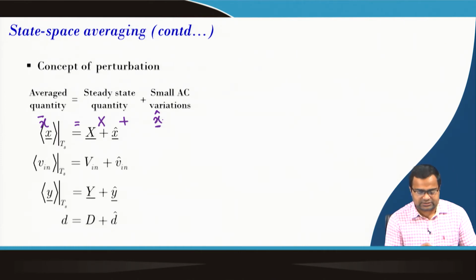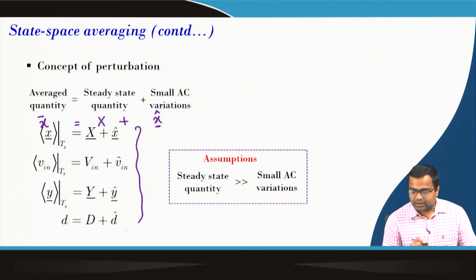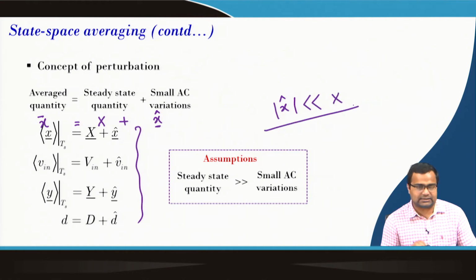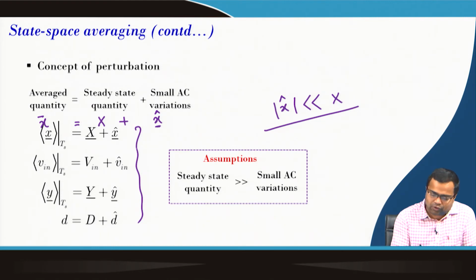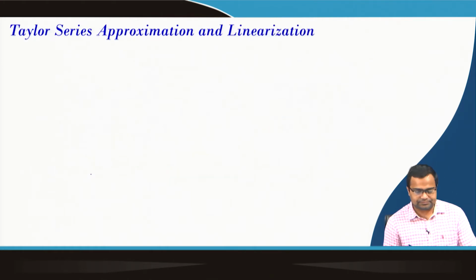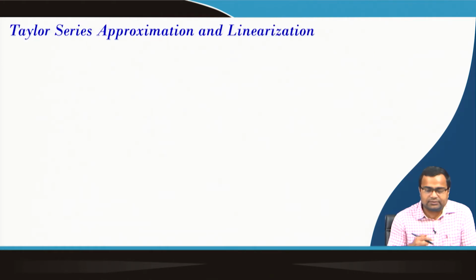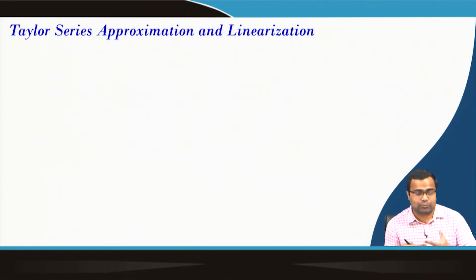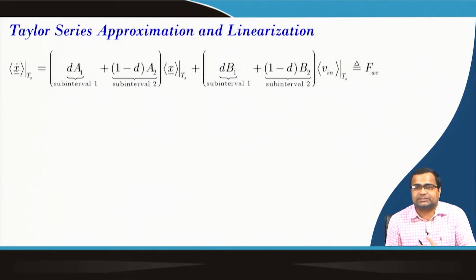So, all this notation is represented here. The assumption, as we told earlier, is that all these perturbed quantities, if you take the magnitude, should be much smaller than their steady state quantity. That is true for all these quantities, so their corresponding magnitude should be much smaller than the capital V. Then, in order to obtain the linearized model, we have to write the Taylor series expansion.